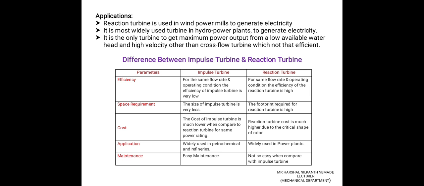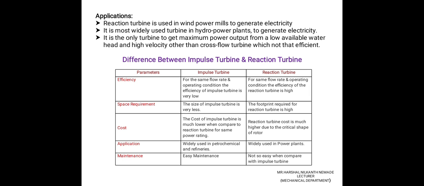Space requirement: the size of the impulse turbine is very small, while the footprint required for the reaction turbine is high. Cost: the cost of the impulse turbine is much lower compared to the reaction turbine for the same power rating. Reaction turbine cost is much higher due to the critical shape of the rotor.